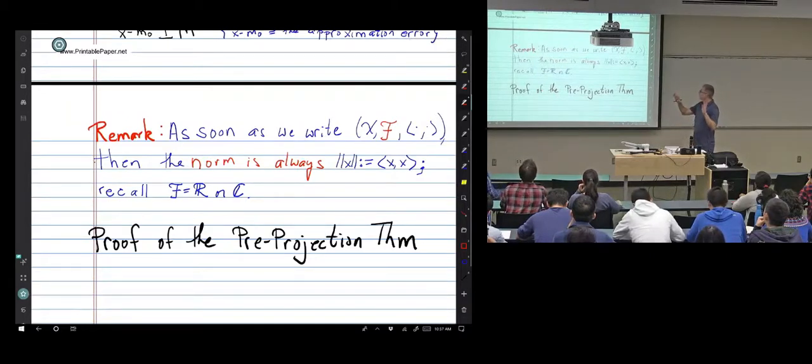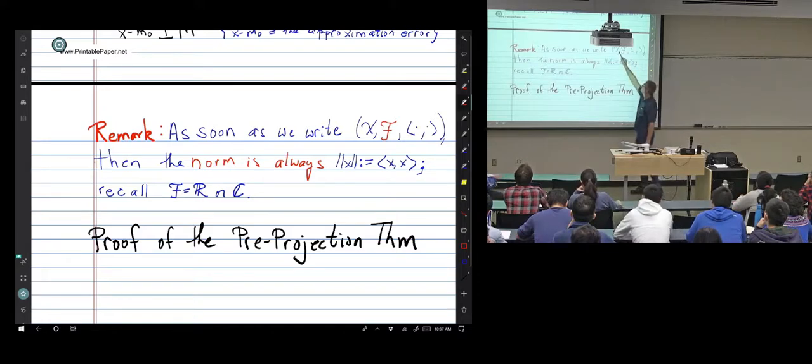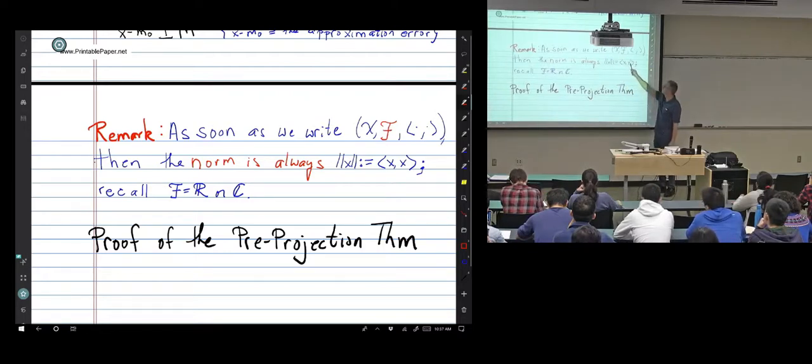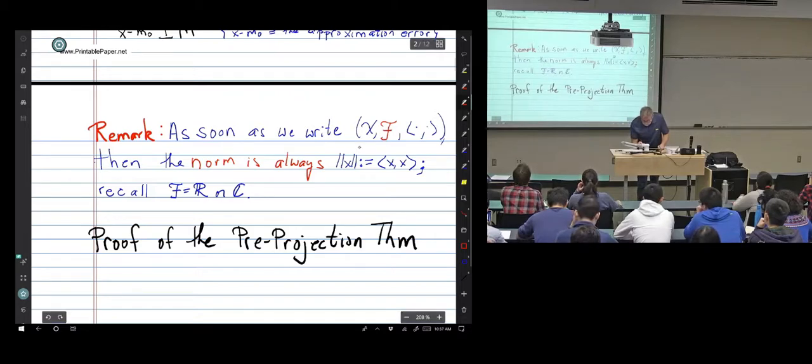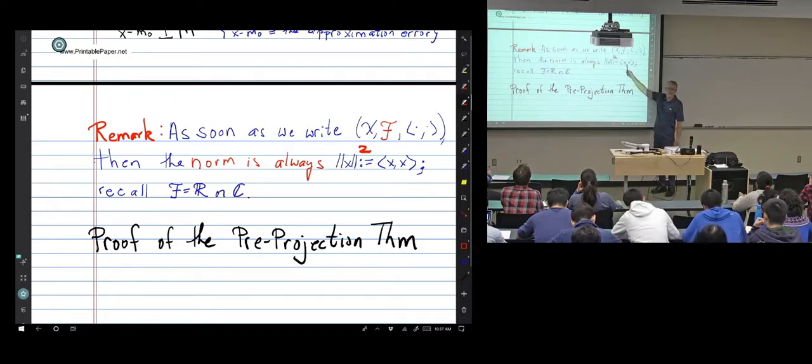Just to be clear, whenever we're playing with an inner product space and you see a norm, it is the norm induced by the inner product, even if you're in R5, where it's not the one norm, okay?